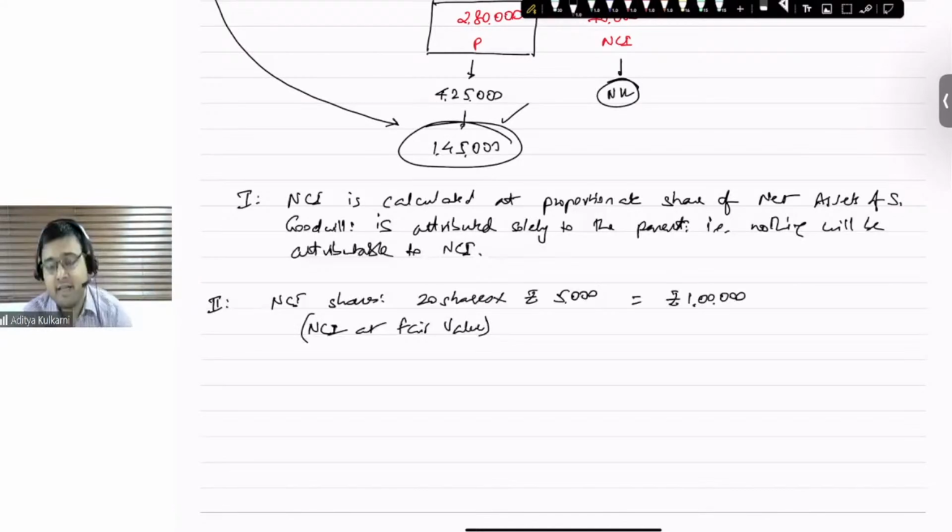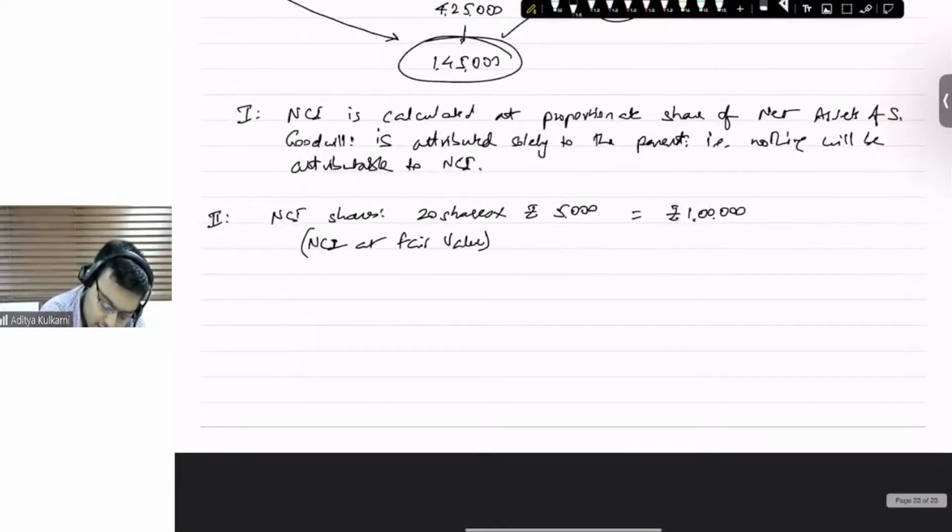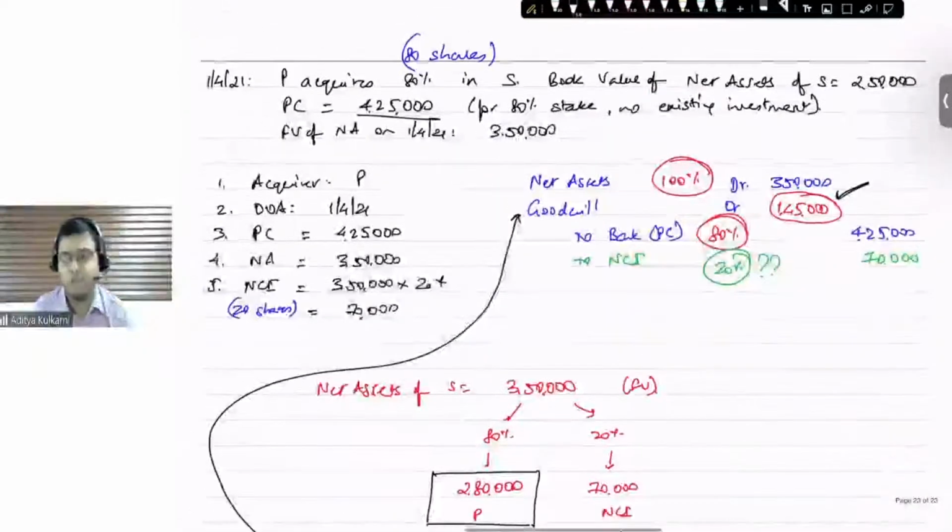In the first case, the net assets of S are fair valued and NCI was being recorded at a proportionate share in the net assets of S. In the second case, NCI is being calculated at fair value, which is the market price of S multiplied by the shares held by NCI, not P. NCI do not hold shares in P. NCI is holding shares in S. So NCI's number of shares held multiplied by the share price of S is going to give you the fair value of NCI. And now let us look at the entry that is going to change.